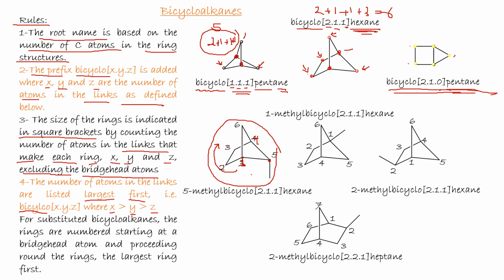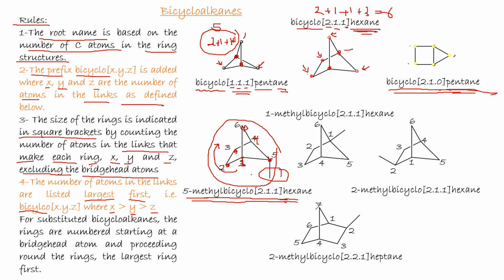Then this is 5, and this is number 6. So it will be 5-methylbicyclo 2.1.1 hexane.